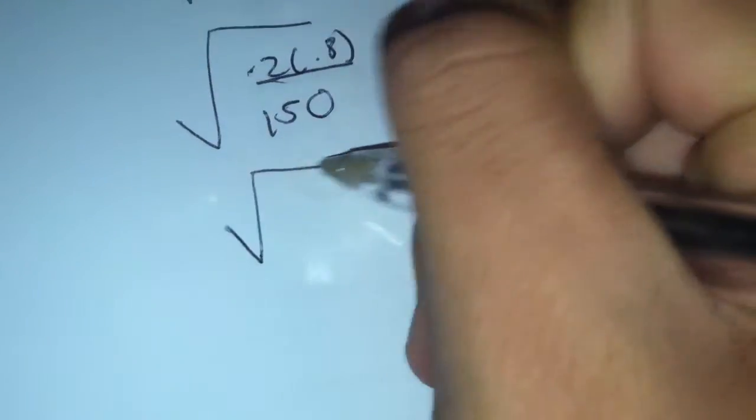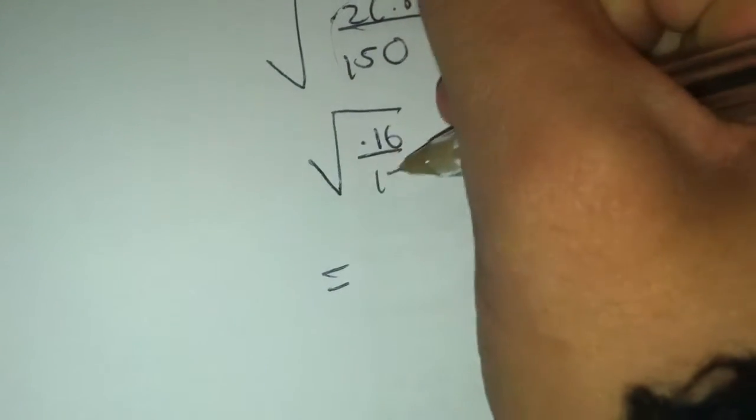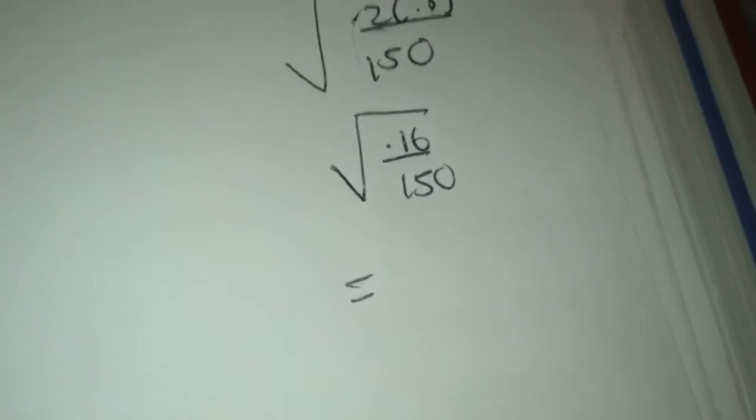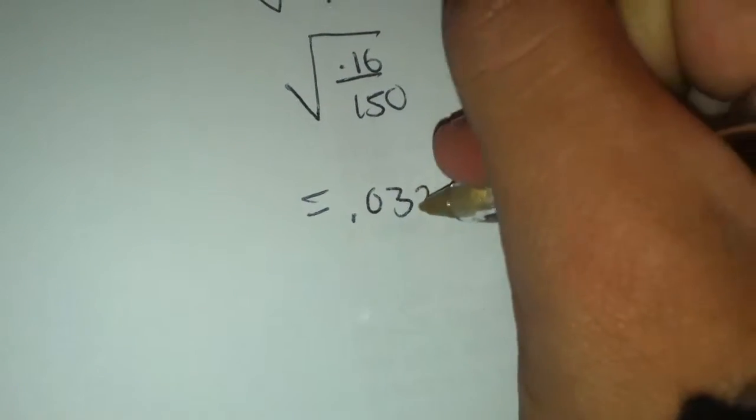From there we take the square root of this portion, which leads us to our answer. 0.2 times 0.8 is 0.16 over 150, which gives us 0.03265.